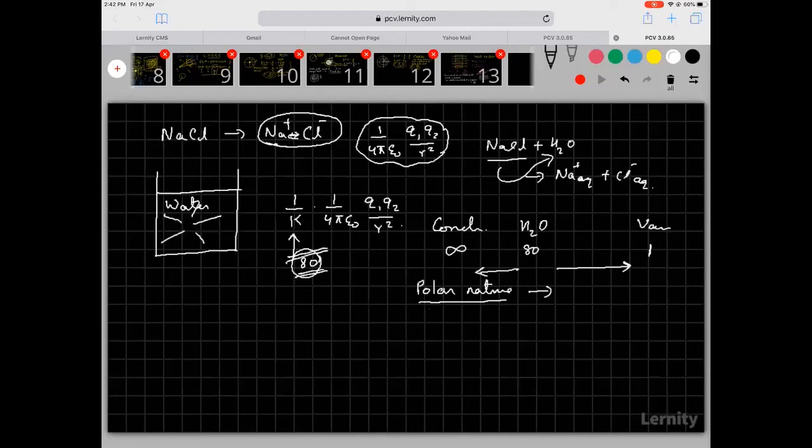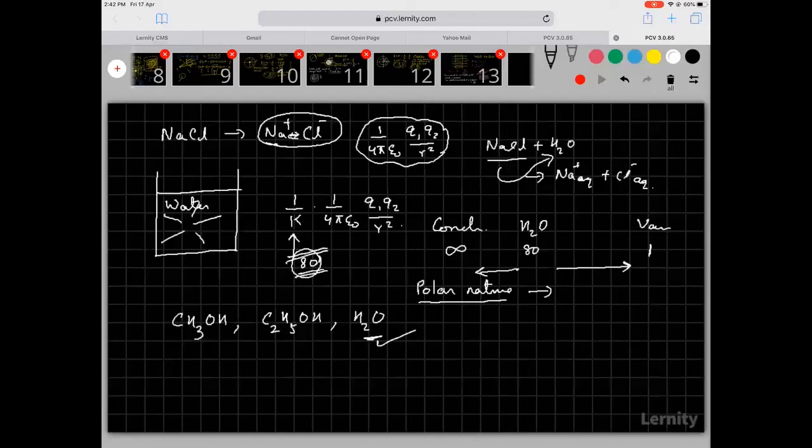So in a physics exam, I can ask you a question. Suppose I have CH3OH, C2H5OH, and H2O. I can ask you to arrange them in increasing order of dielectric constant. So H2O here, because of the 2 bonds, will definitely have maximum polarity.